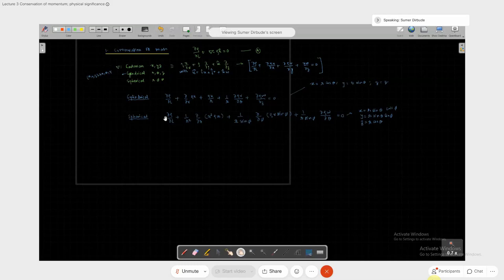Now, what is the physical meaning of this equation? All the equations are the same, and in all of them you have the same meaning. But Cartesian coordinate equations are easy to follow.